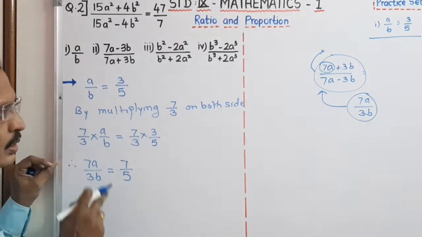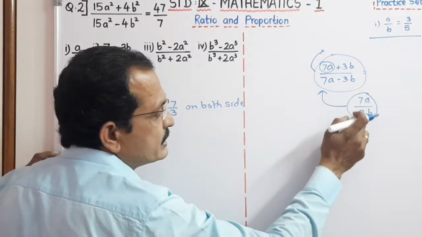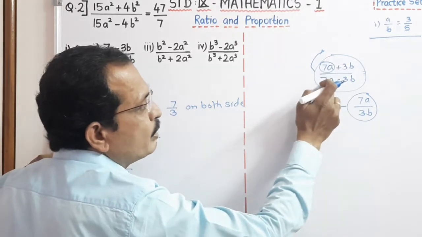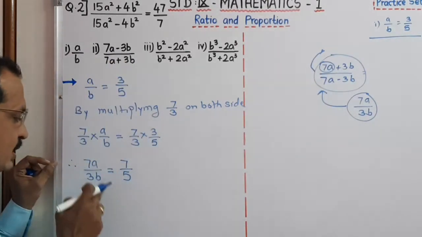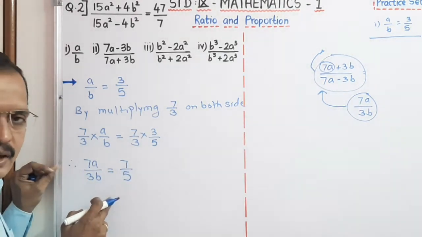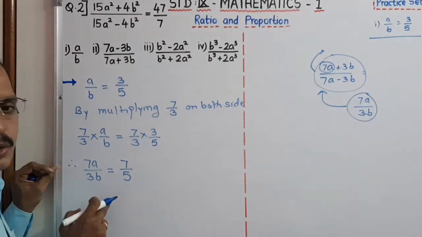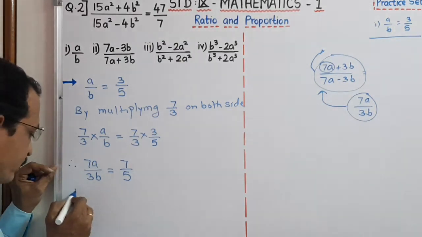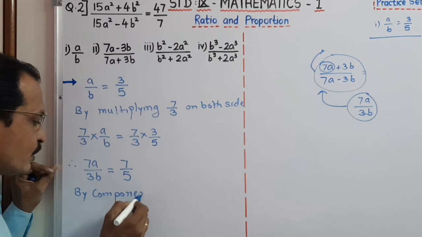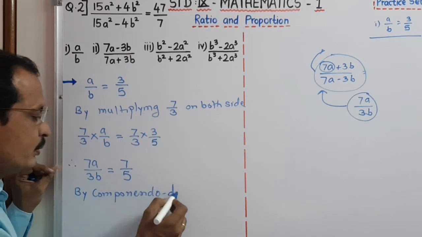Now dear student, we got 7a upon 3b, but we required 7a plus 3b upon 7a minus 3b. That means for getting this, which property do we have to apply? Yes, dear student, it is correct. It is componendo dividendo. Therefore, we can write here by componendo dividendo.